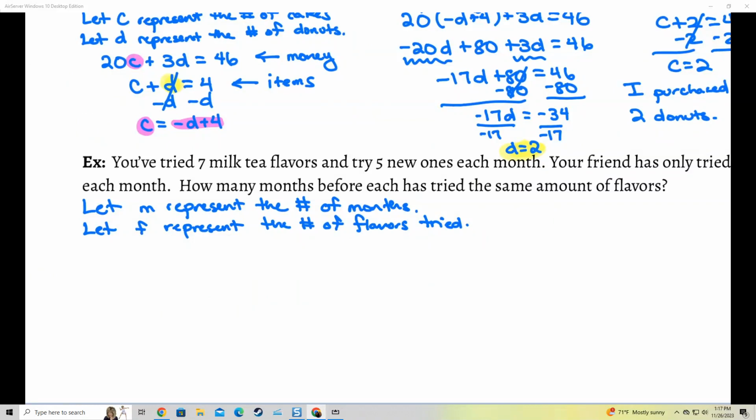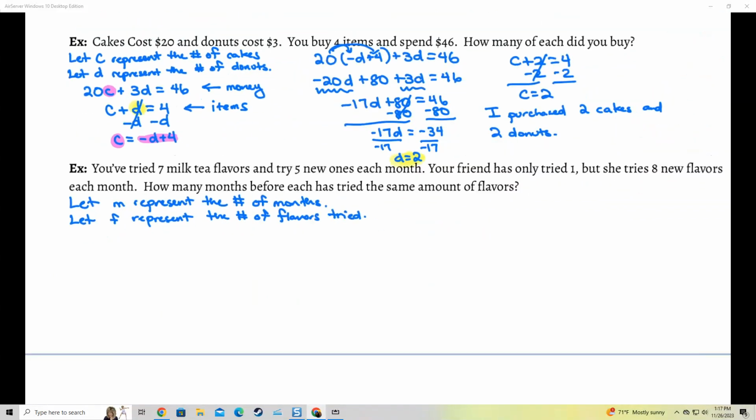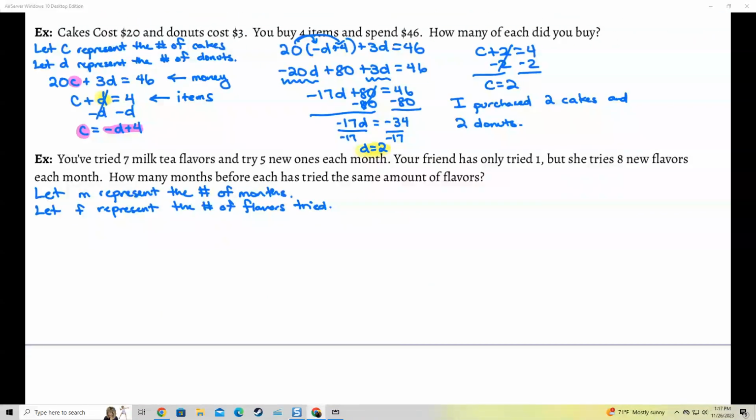All right, this one's a little bit different. So let's see. You've tried 7 milk tea flavors and try 5 new ones each month. So if I'm going to make an equation just for me, it looks like I already have a head start. Like I've already done 7, but I'm doing 5 each month. So that 5 needs that variable attached to it because it's 5 flavors and another 5 flavors and another.